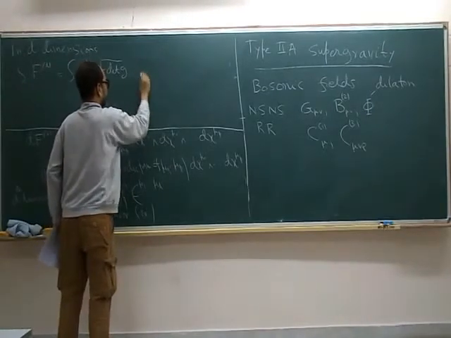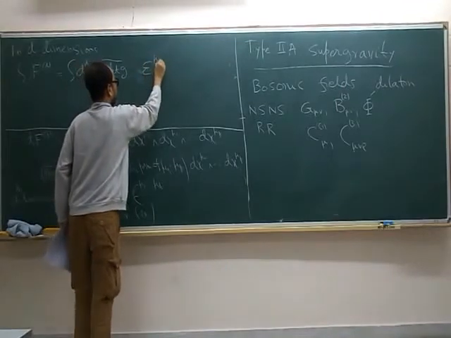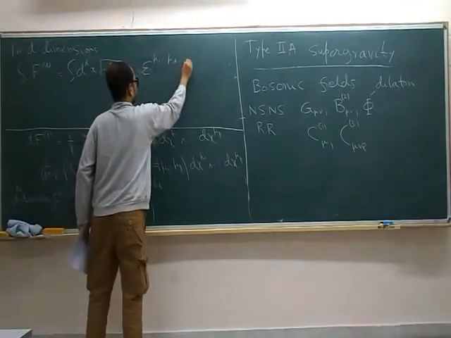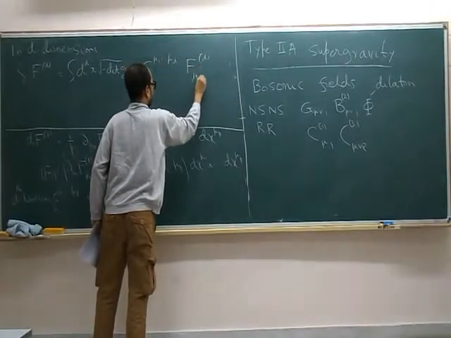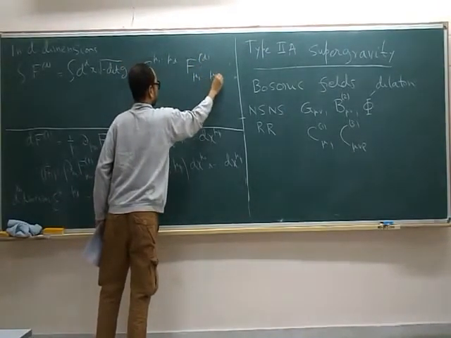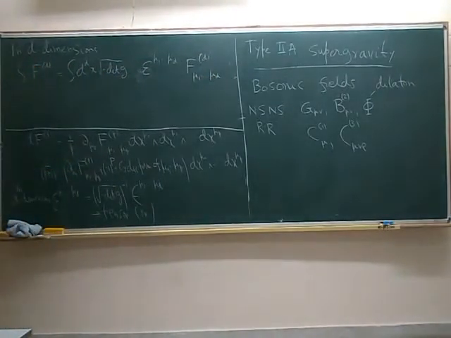So that's this curly epsilon mu1 to mu d f with indices mu1 to mu d. That's what defines this.